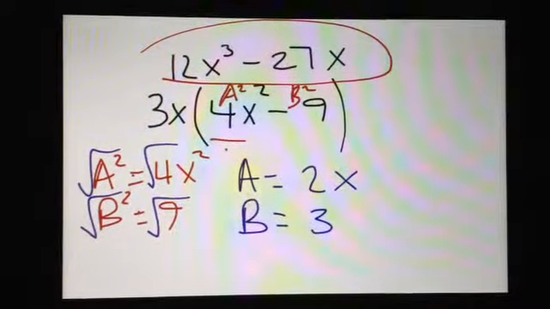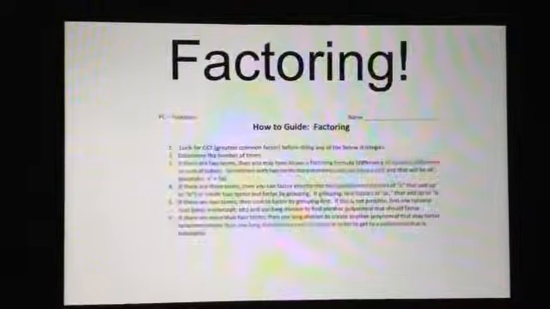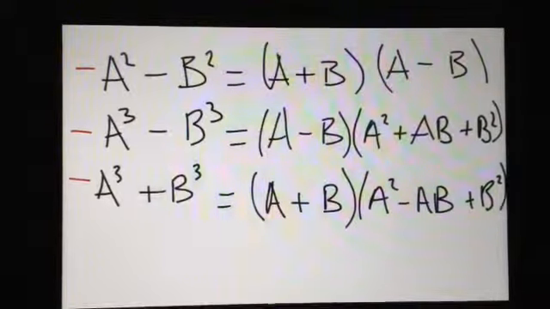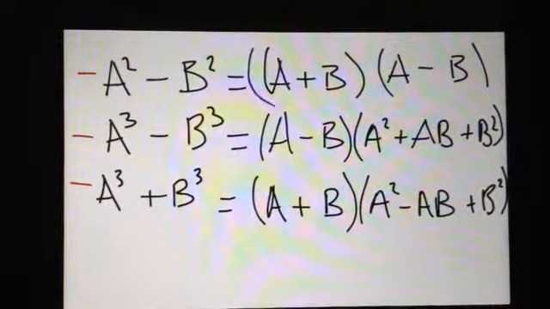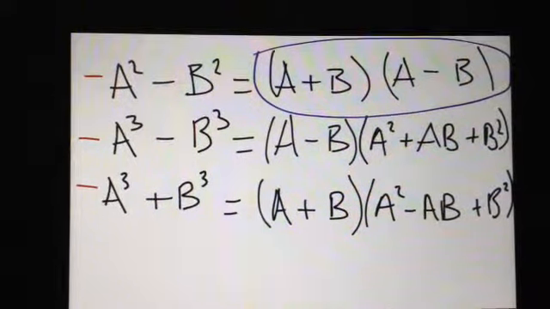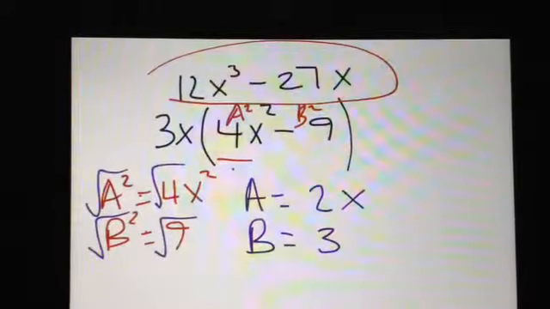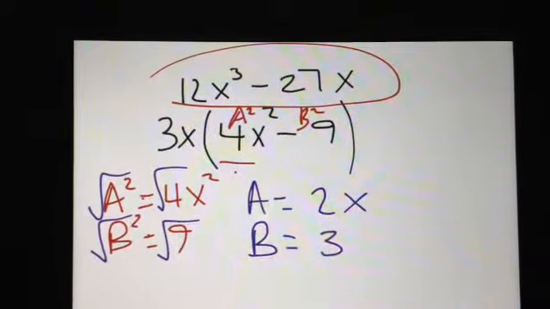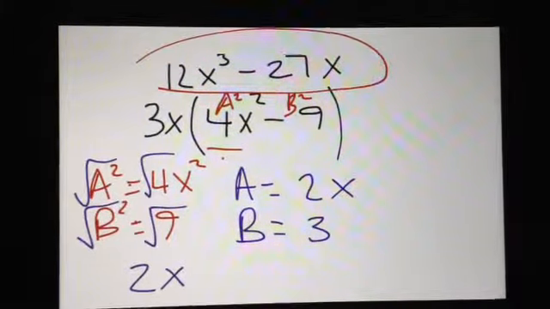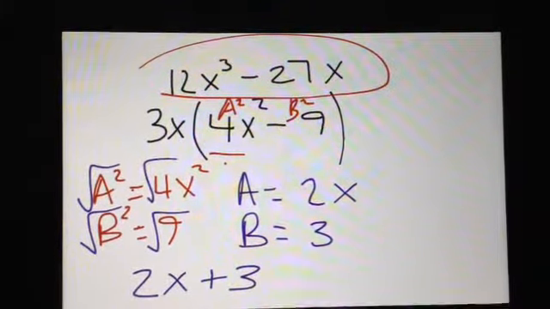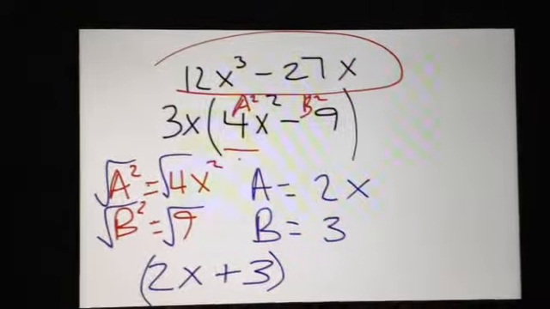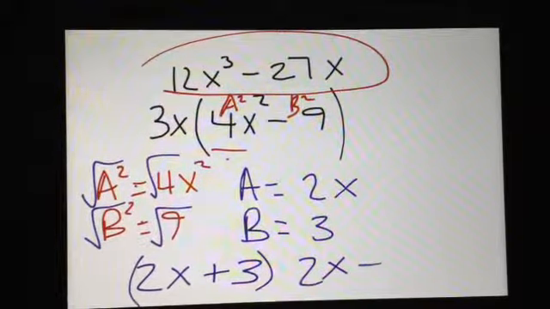Now we go back to the formula of difference of squares, and we look at it right here. This is what we have to plug in. A plus b, and then a minus b. Okay, so a plus b, and then a minus b.